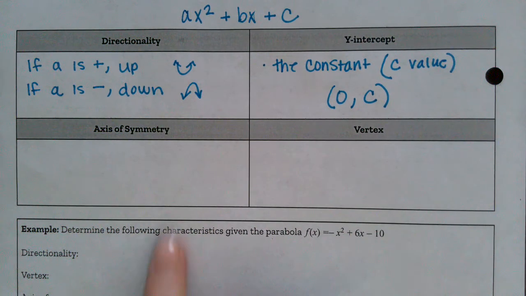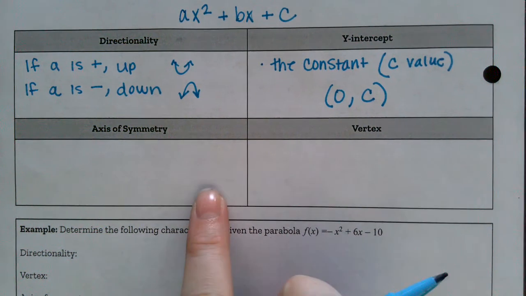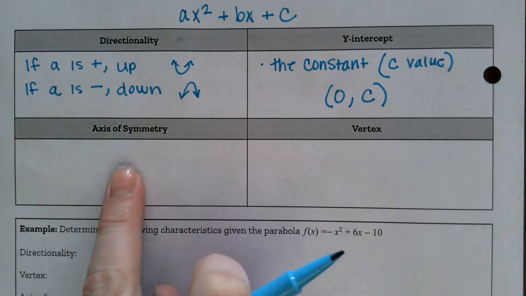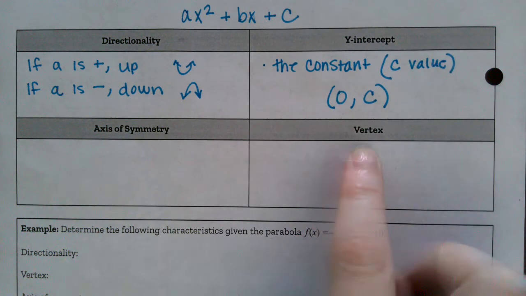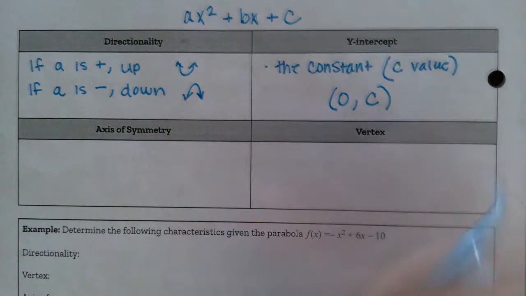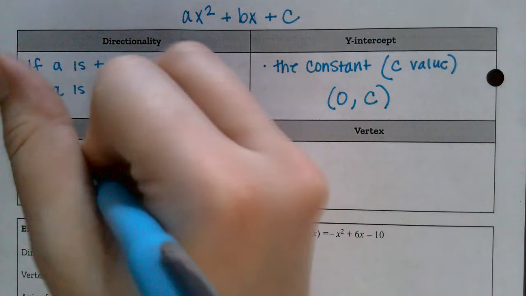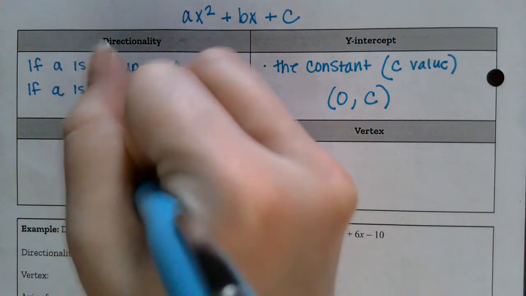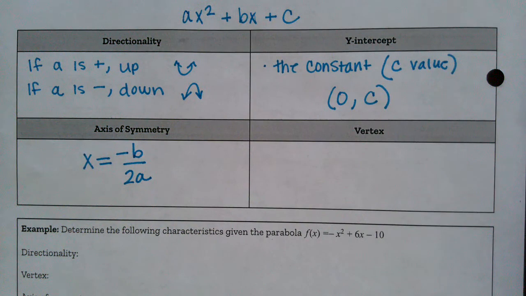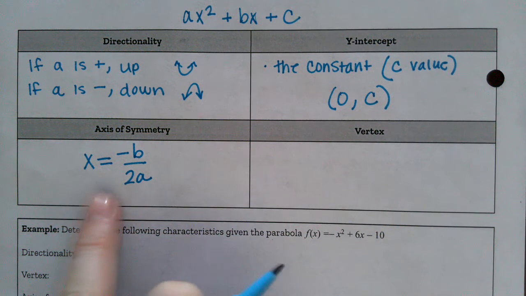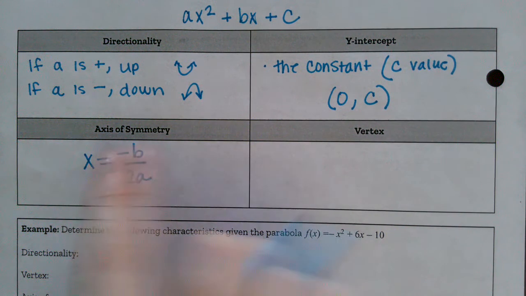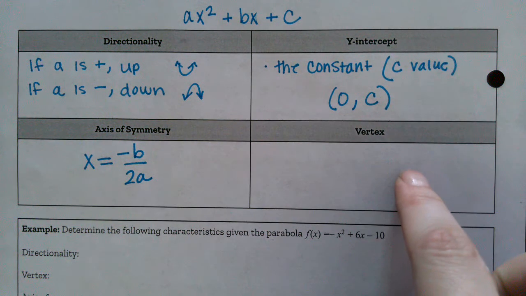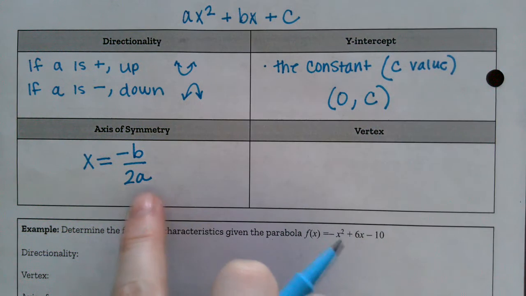And then our axis of symmetry and our vertex are related to each other, because remember, those are our middles. So this is the line in the middle, this is the point in the middle. To find that axis of symmetry, it's actually a formula. So you are going to do x equals negative b over 2a. And then remember, for our vertex, this is our x value. Like, our axis of symmetry is the same x value as the vertex. So we already know our x value for our vertex.